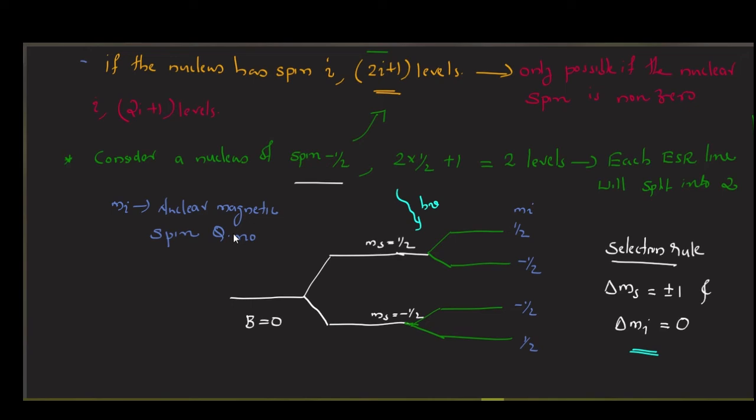So, if you take delta ms, 1 by 2 minus 1 by 2, this is plus 1. And the second transition is this.